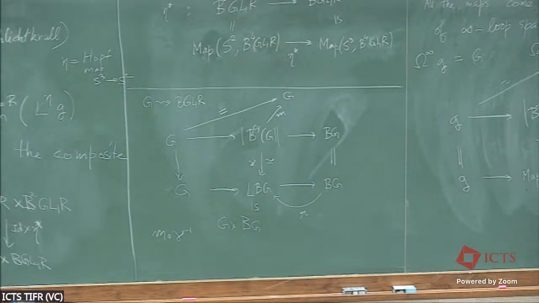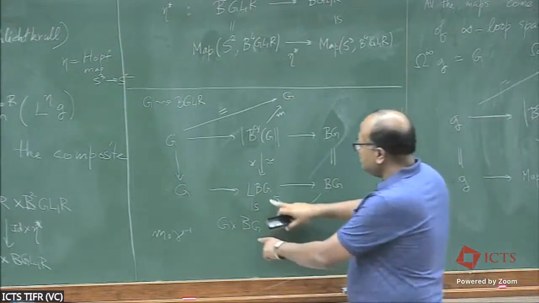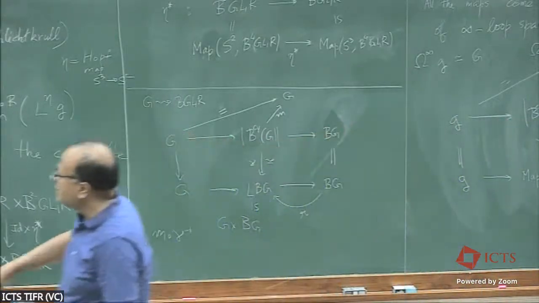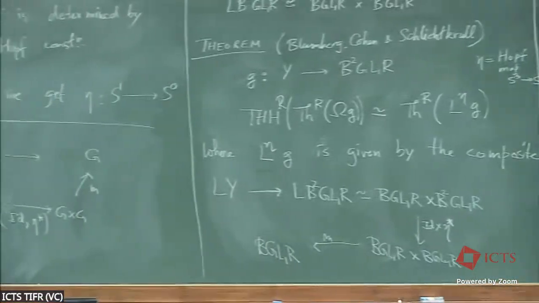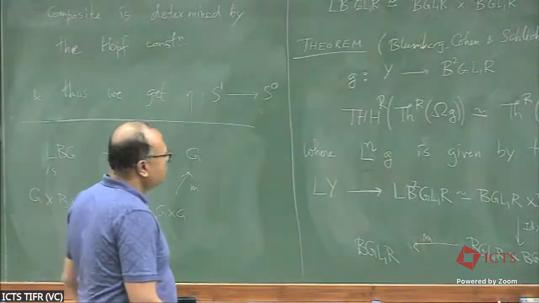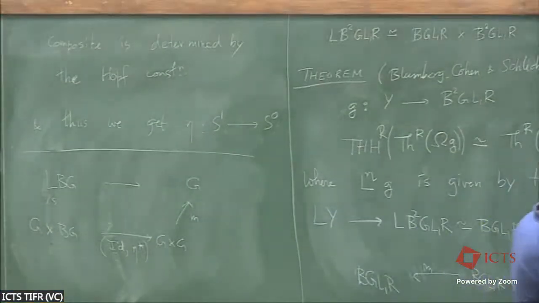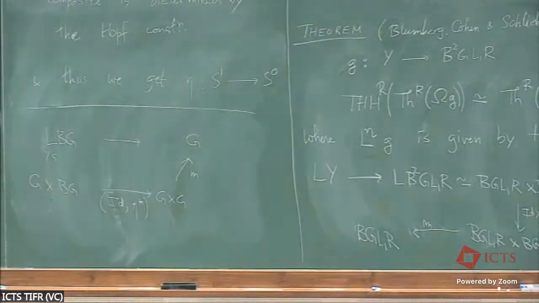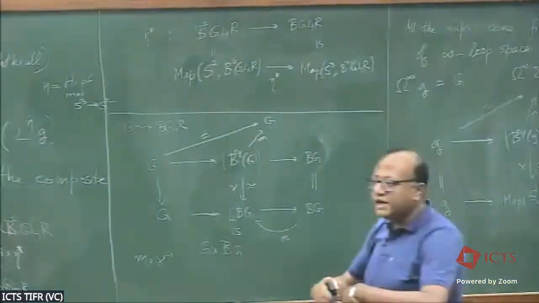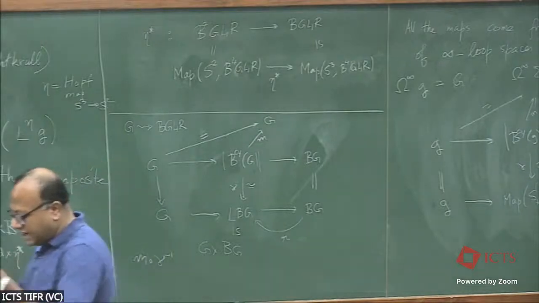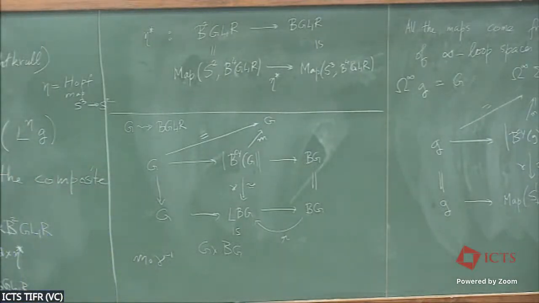Okay, so now this is G cross BG, and the map goes like this: you take the wedge of spectra and then you take the fold map, and if you apply omega infinity of that, it's a product going to a product, and then you apply the multiplication.